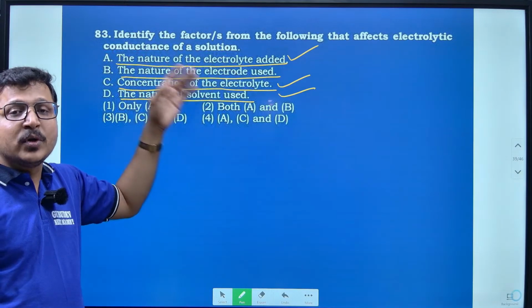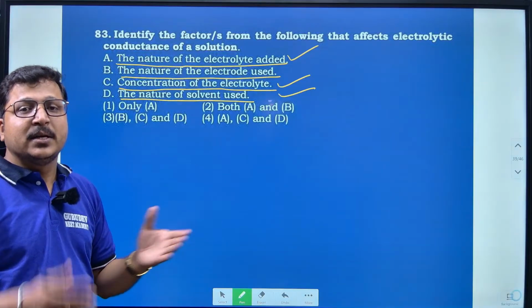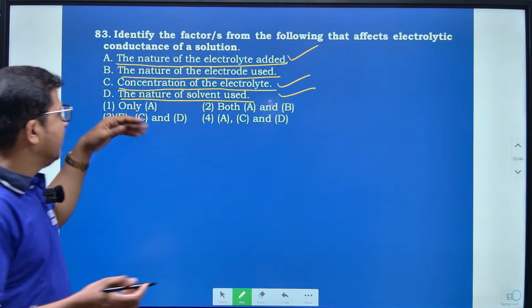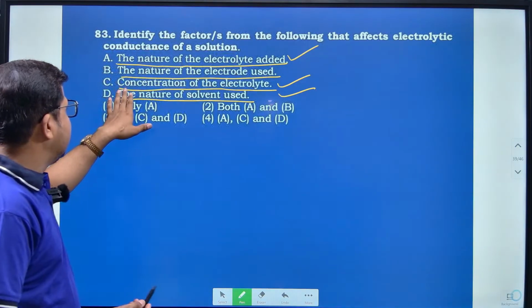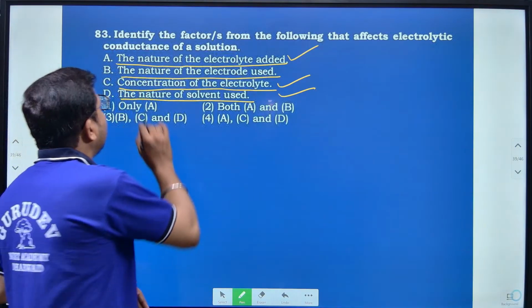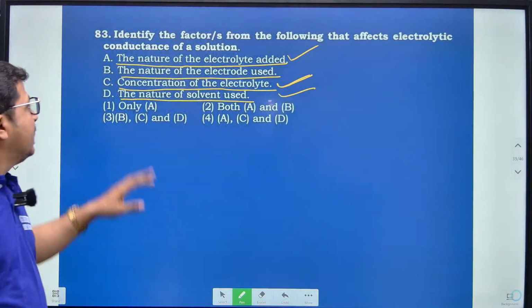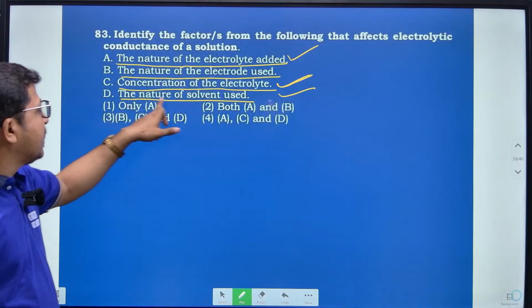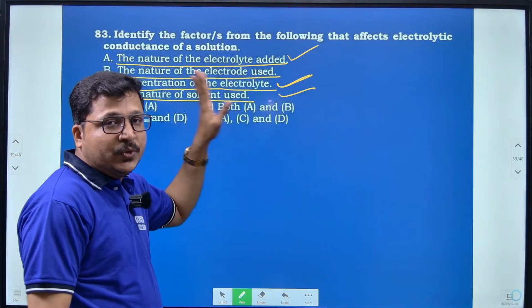Hence, the more the concentration, the less will be the conductance. Therefore, the concentration of the electrolyte is also one of the factors on which the electrolytic conductance depends. And next, the nature of the solvent used.